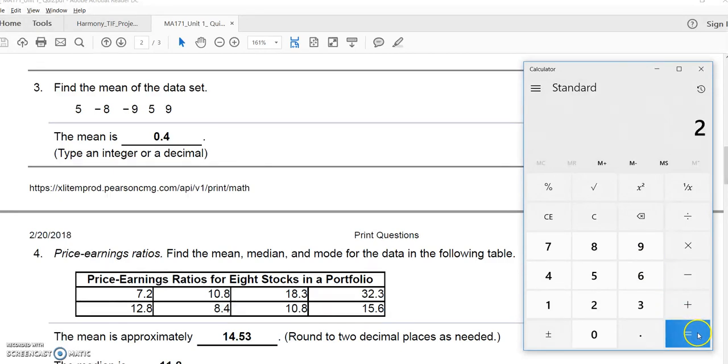So these are all the numbers, and they add up to 2. And there are 1, 2, 3, 4, 5 numbers in the set, so 2, the sum, should be divided by 5, which gives you 0.4.